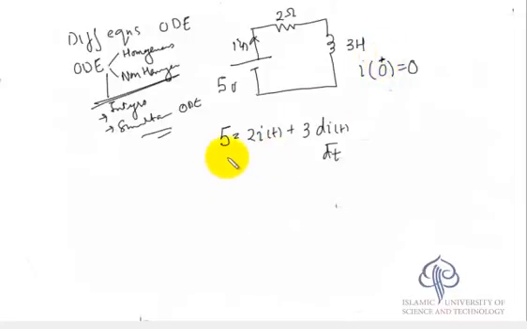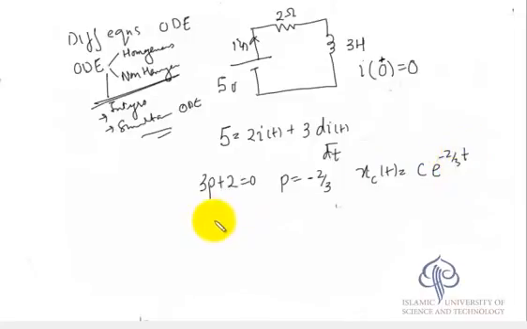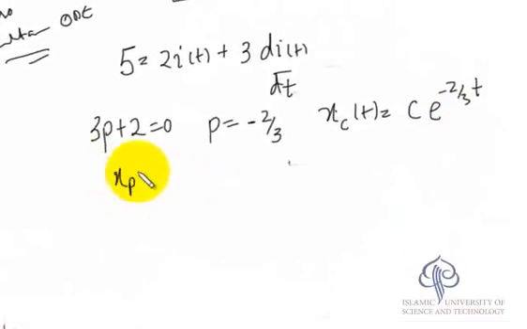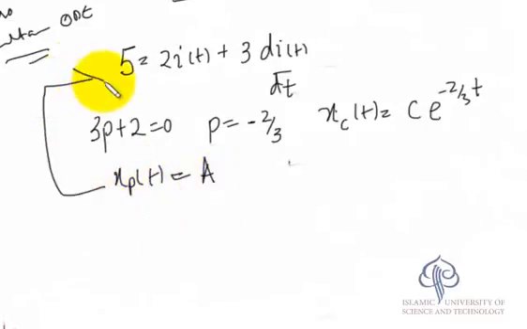So this, you see, is a non-homogeneous differential equation. You'll have two parts, the complementary function and the particular integral. The characteristic equation is 3p plus 2 is equal to 0, so p is minus 2 by 3. So the complementary function is going to be c e to the power minus 2 by 3 t. The particular integral is going to be a constant, some a. We saw this before. It is going to satisfy this equation.